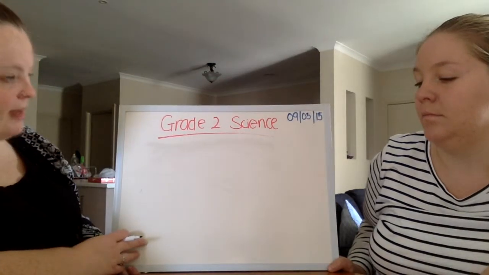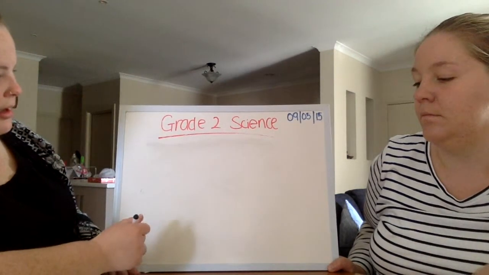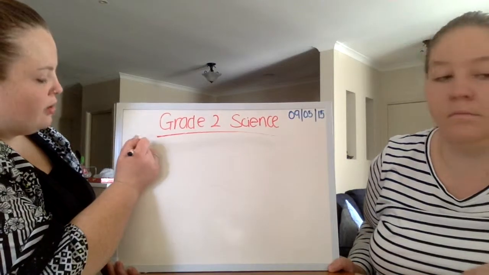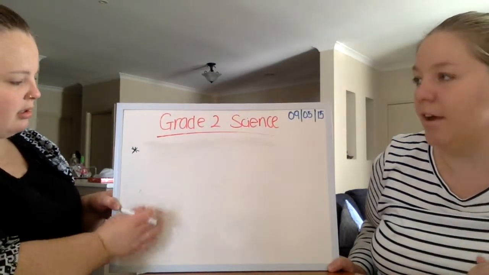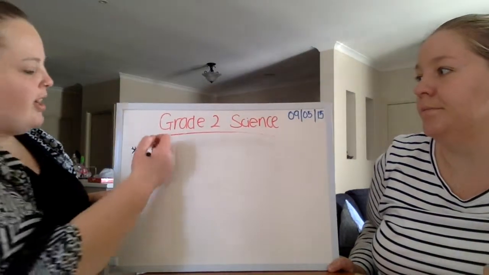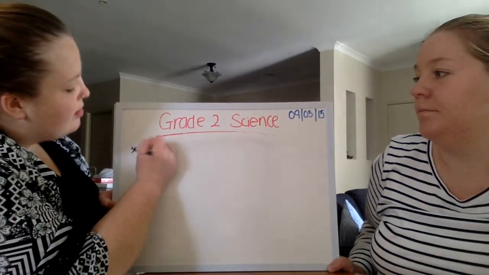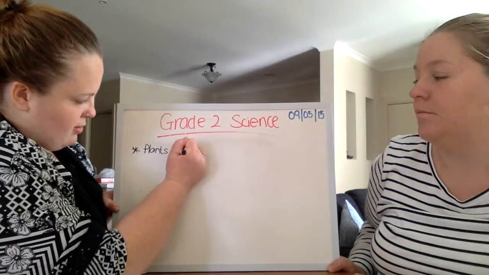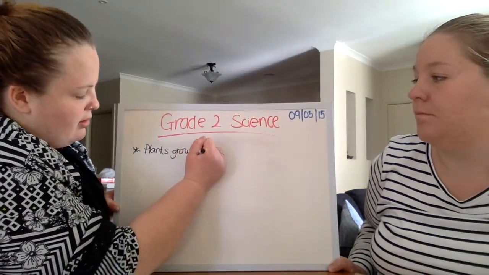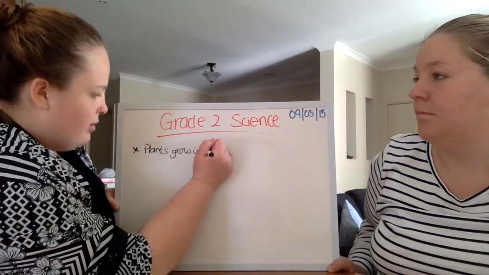Okay, I might pick Amy. What did you and Jessica talk about? That plants come from the ground. They grow in the ground. Okay, great. Yes. I'm just going to write down. That's a really great point.